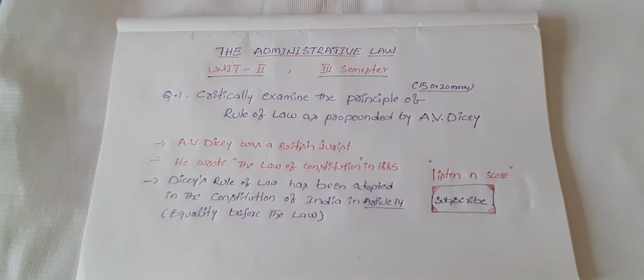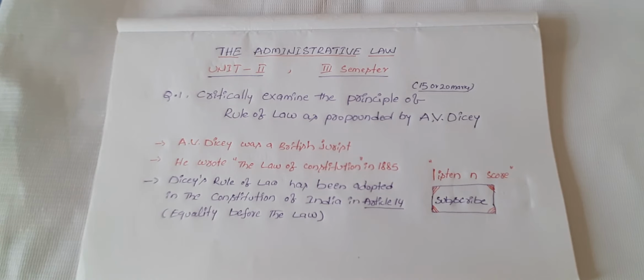Wade stresses that the British Constitution, even though it is unwritten, is founded on this principle. Number four, not only in Britain, but also in USA, Australia, India, etc., that is, in almost all Commonwealth countries, this doctrine prevails.